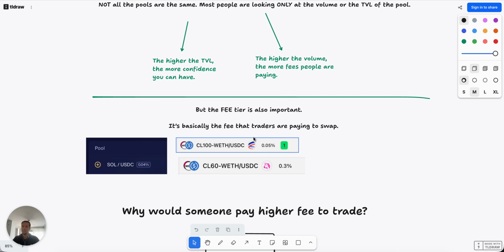But even in that case, you can find on Uniswap the same chain, the same assets, but multiple fee tiers. So for example, you can find the same ETH USDC on Uniswap with 0.3, the same pool with a 0.05 fee tier as well. So then this natural question pops up, right?